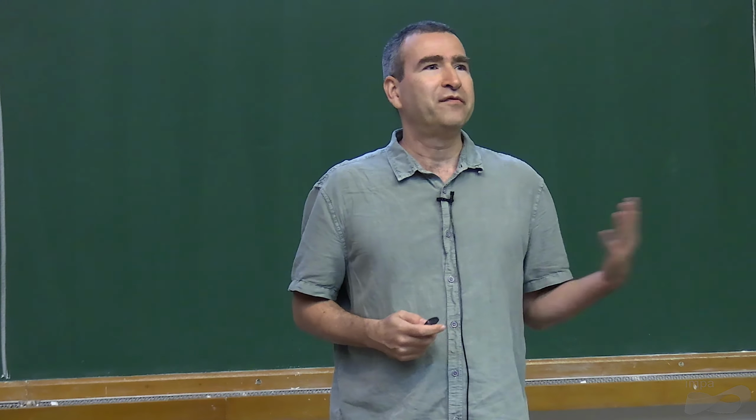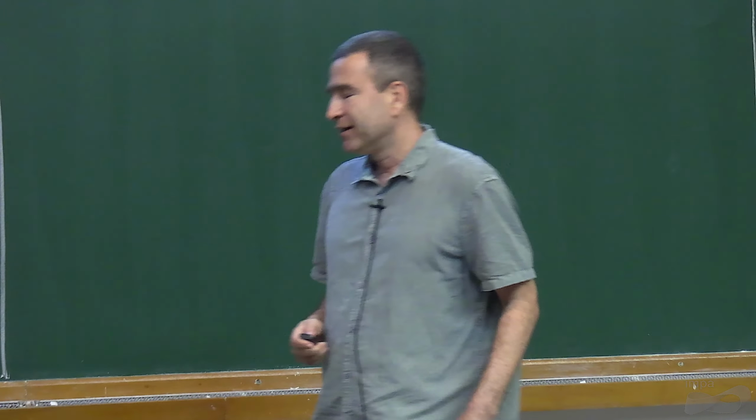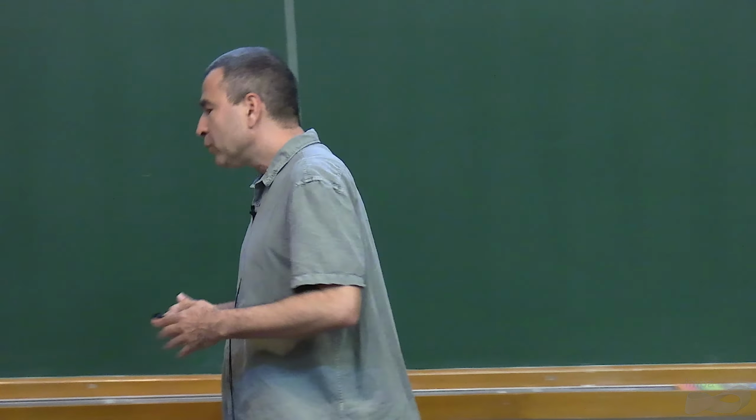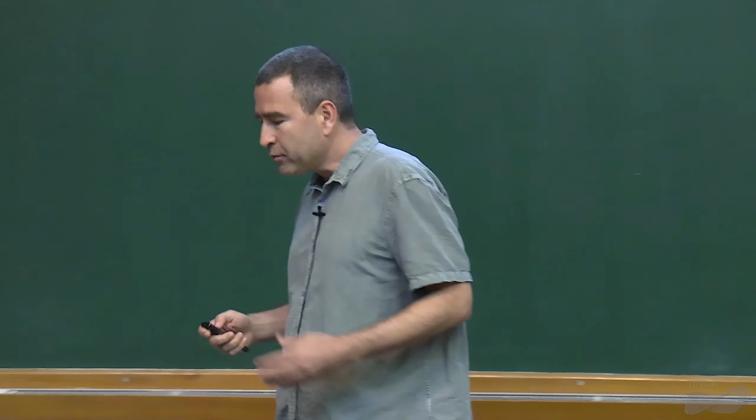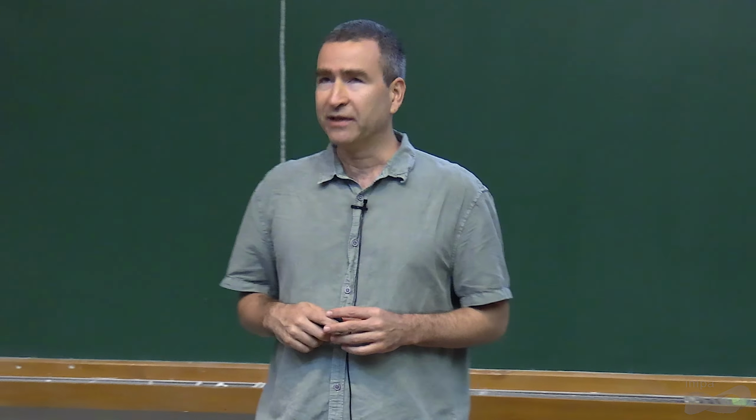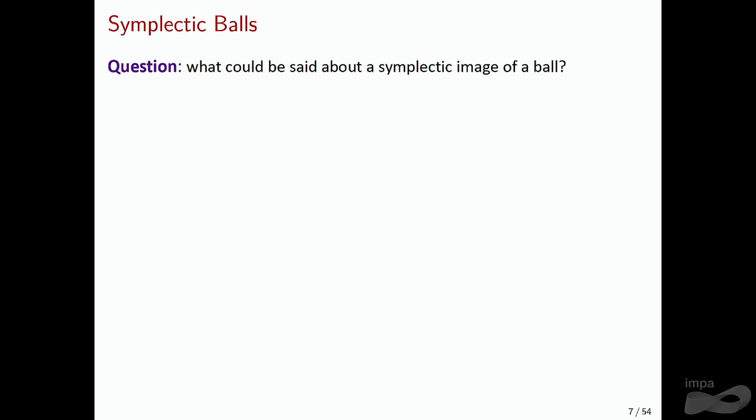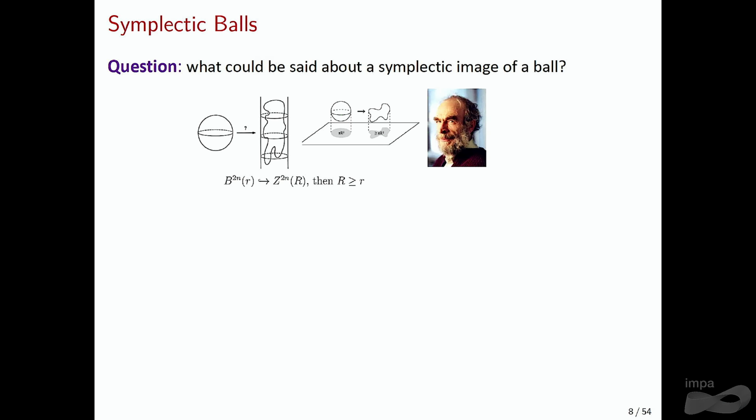We are very far from being able to give something remotely close to a full answer to this question. I guess it goes back to Gromov, to the non-squeezing theorem, maybe before. But in the non-squeezing theorem, we see these kinds of obstructions of what can be done or what cannot be done with the symplectic image of the Euclidean ball.